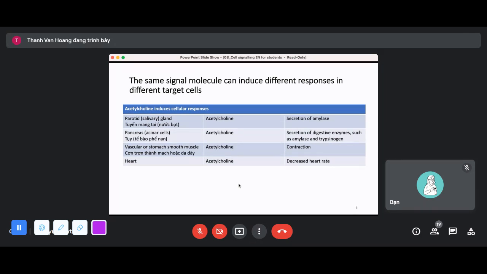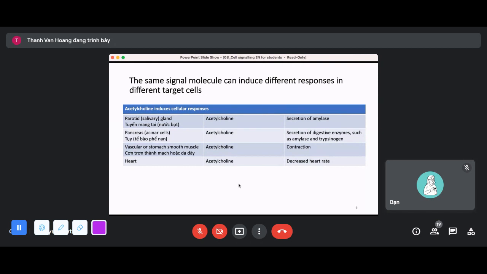Here you can see the same example, acetylcholine. As we said, in the salivary gland cells, it induces the secretion of saliva, so that amylase, the digestive enzyme, can be secreted. And the digestion system is now active.